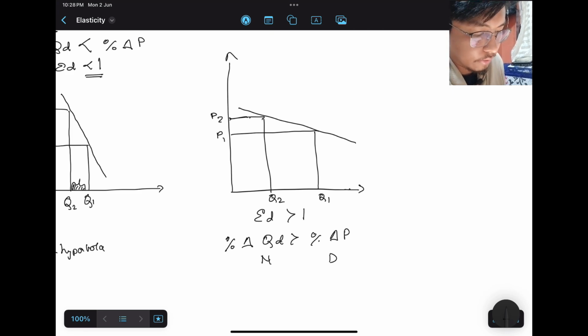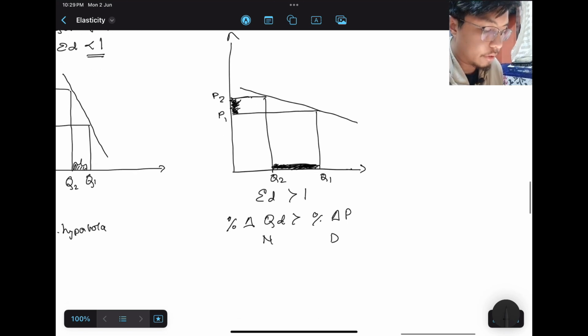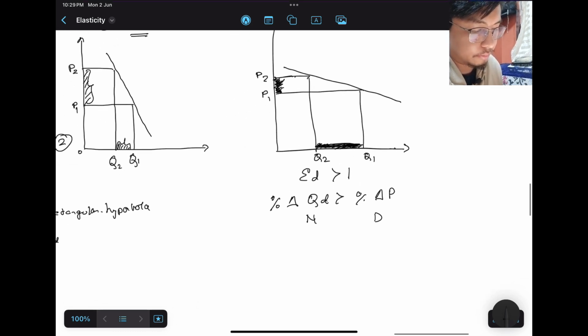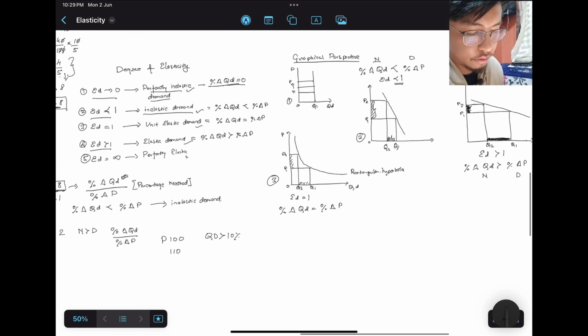So look at this, your price change is this much, but then your quantity demanded change is huge as compared to your price change. Okay, so this is elastic demand. Okay, number 4.